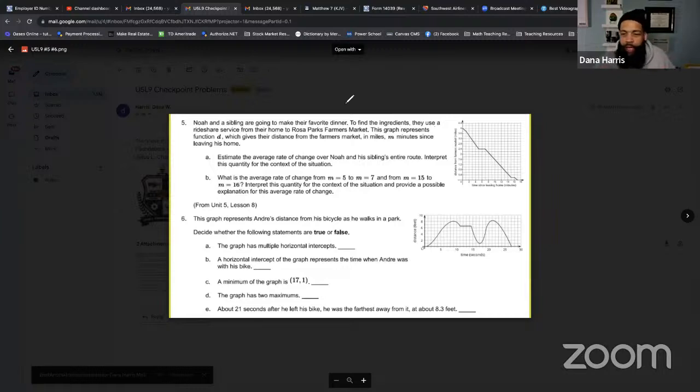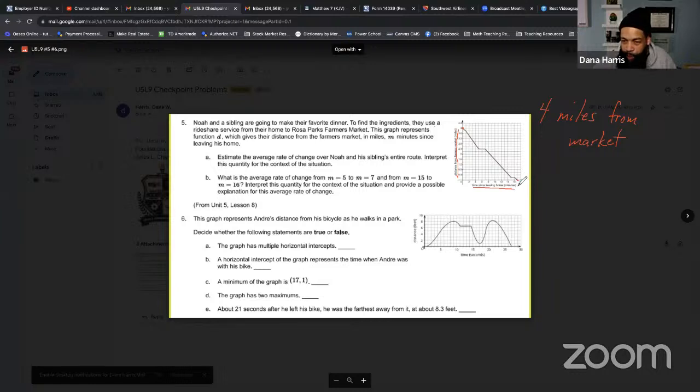When we look at the function, notice this is distance from the market. We have a starting point here, which is 4 miles away from the market. So they live 4 miles from the market. And then on the x-axis, you have the time since they left home.